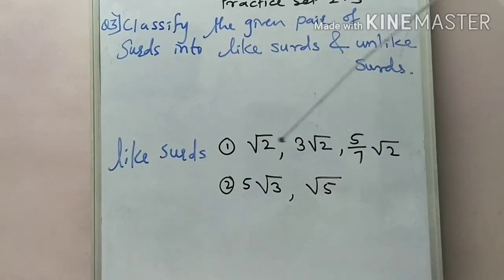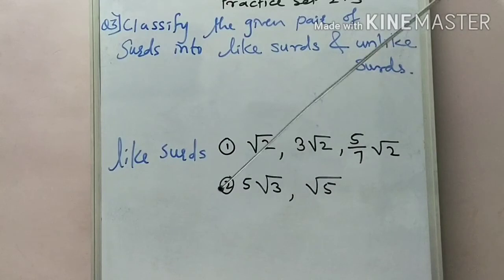What we observe here, students, is that the order of each surd is the same, that is 2, and the radicand in all 3 surds is also the same, and hence these 3 surds are called like surds. If the order is the same and the radicands are also the same, then the surds are known as like surds.